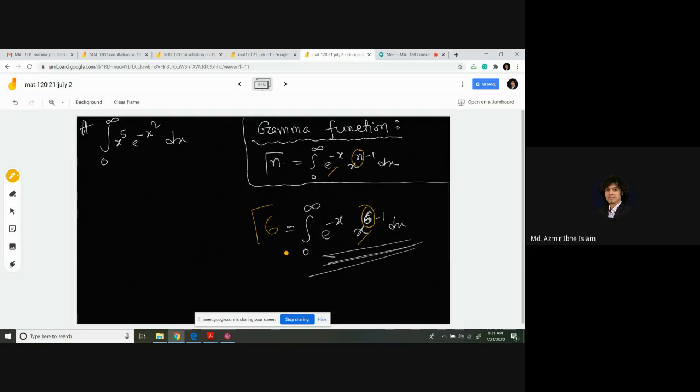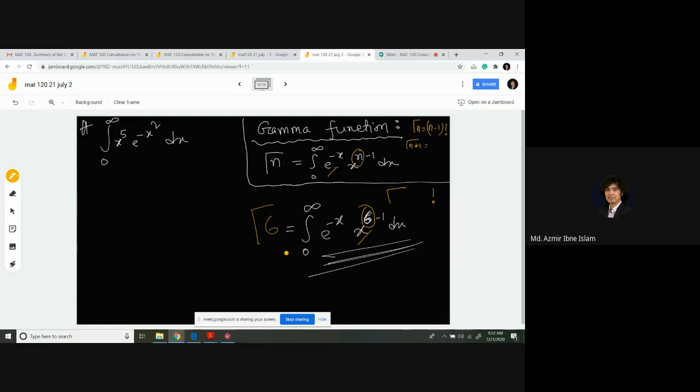Clear? Yes, sir. Now the question is, what is the meaning of gamma? Gamma n is equal to n minus 1 factorial. Or we can also write gamma n plus 1, because we can find the factorial sign on a calculator, but there is no sign for gamma.